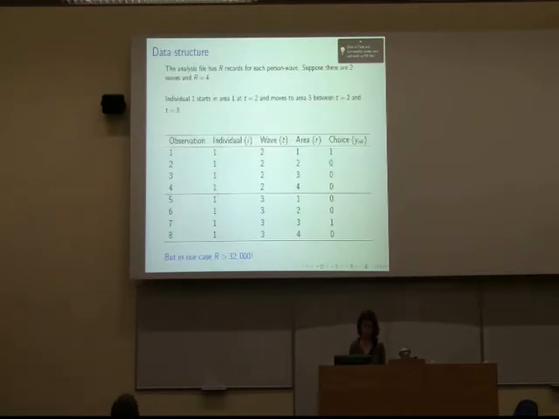Now, I mentioned at the start that you can end up with a very large analysis file. This is why. To keep this reasonable for presentation, I've considered a toy example where we've got just 2 waves that a person is observed at, and only 4 areas to choose from. The key point is that for each wave that a person is observed at, they have 4 records, 1 for each potential area, including the area that they're currently living in.